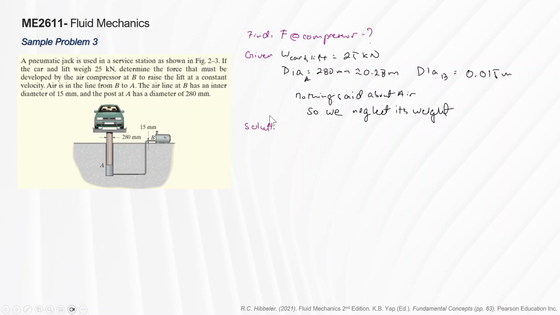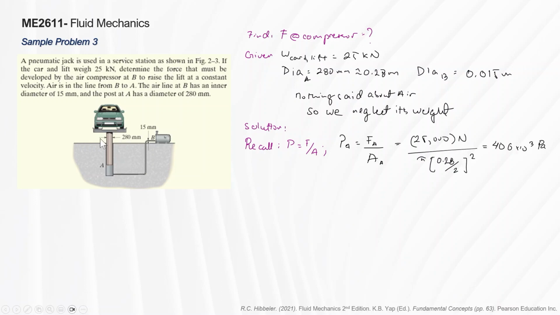Okay. So the solution, recall that pressure is force over area. Normally, you can actually do an FBD if you want. But in our case, we can go straight. So we start with point A first. And you'll notice we have 25 kilonewtons, so that's 25,000 newtons.